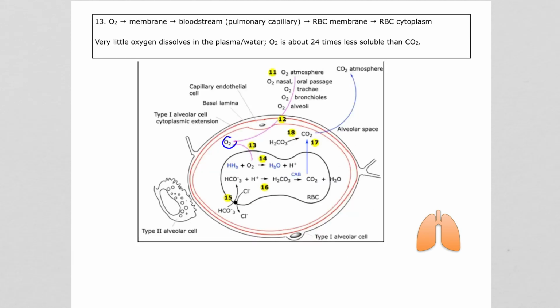In the plasma, hardly any oxygen will dissolve in the water part of the plasma because oxygen is much less water soluble compared to carbon dioxide. So most of the oxygen will enter the red blood cell.